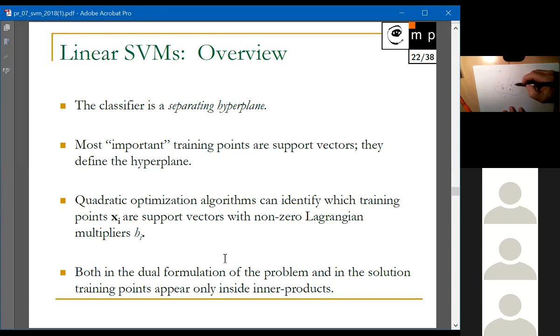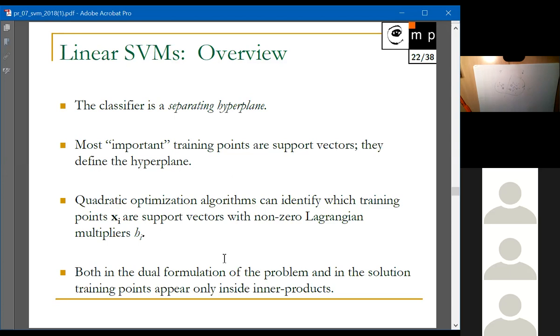So lots of your data points are not needed. It also means that the SVM is technically not a statistical classifier, because it only cares about the points which define the boundary. They have the minimum distance to the boundary. And if the distribution here looks like this or like that, it doesn't matter.